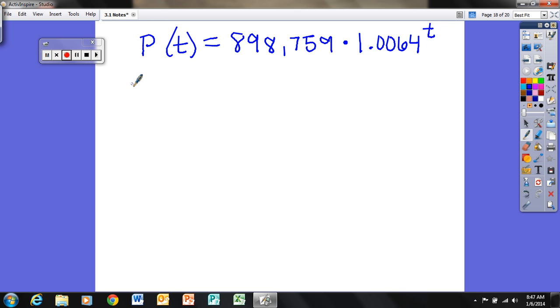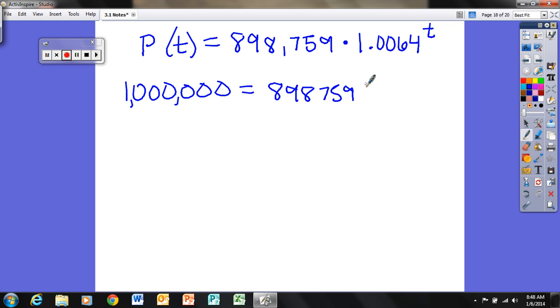So here, I'm going to put in 1 million, and that's equal to this function. We're going to talk about how we can actually algebraically solve this equation, but for right now we're going to use graphing.